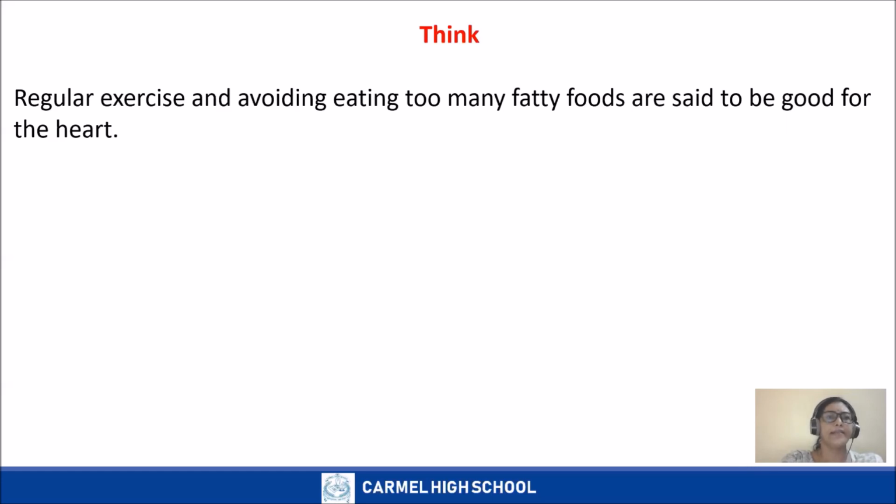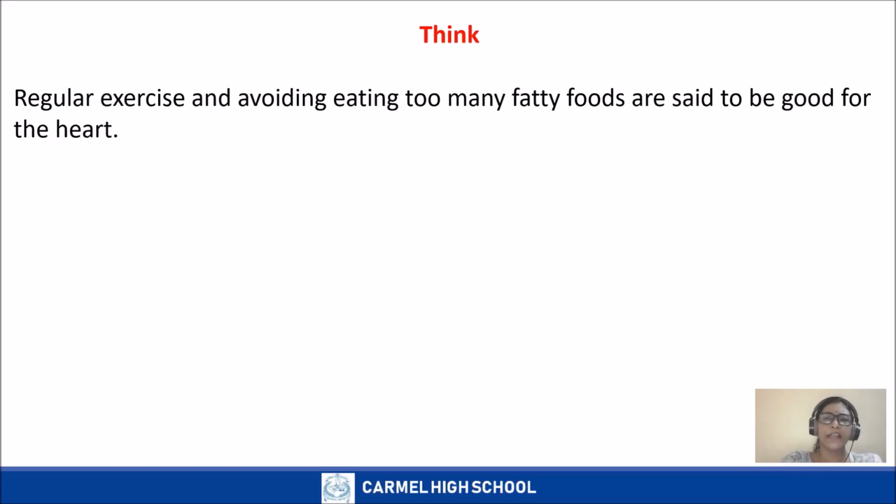Generally, exercise strengthens the muscles of our body. Similarly for the heart, exercises like walking, jogging, running will strengthen the muscles of the heart. When the muscles of the heart are strong, it can pump the blood very easily, right? So there will be proper functioning of the heart.